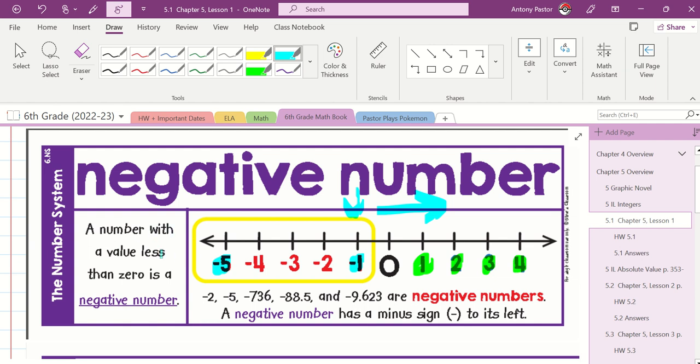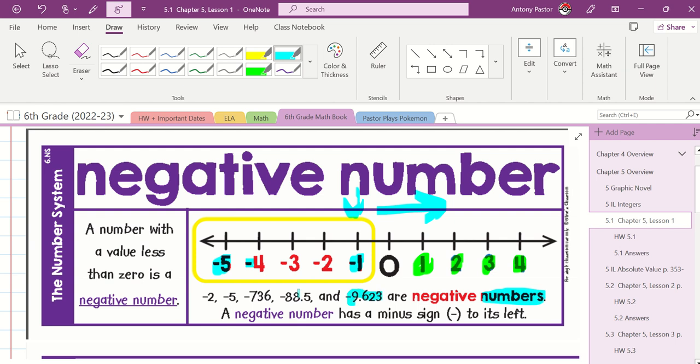A number with a value less than 0 is a negative number. So it will always have a little negative sign in front of it that'll indicate a negative number. Negative 2, negative 5, negative 736, negative 88.5, and negative 9.623 are negative numbers. A negative number has a minus sign to the left. Notice this is negative numbers and not negative integers.